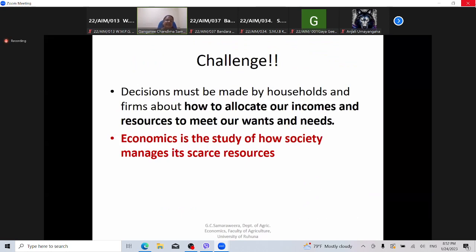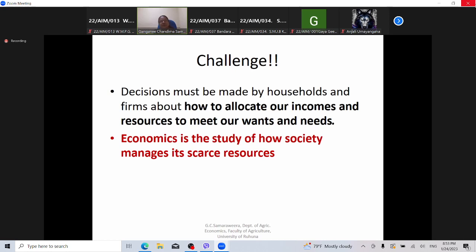What is the challenge? Decisions must be made by households and firms about how to allocate our incomes and resources to meet our wants and needs. So there's a challenge.